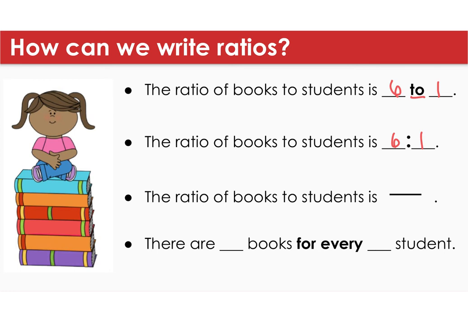The ratio of books to students written as a fraction, the first number that it represents, which is books, would go on top, and the second, which is students, would go on the bottom. There are 6 books for every 1 student.